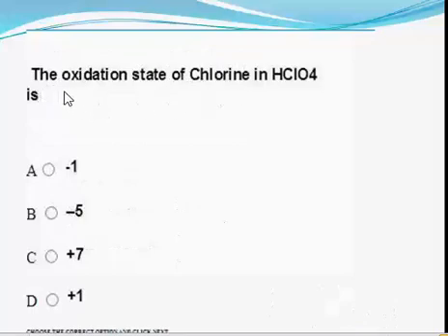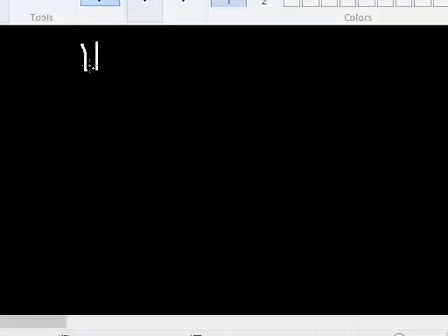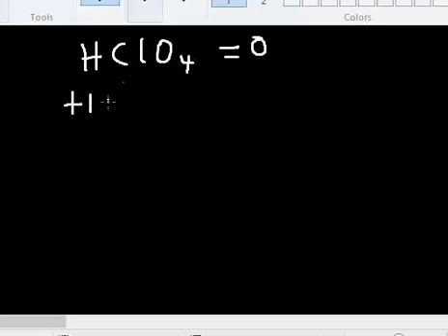Let's solve this. The oxidation state of chlorine in HClO4 is, okay, it's simple, very simple. HClO4 is a compound, right? So +1, they are looking for the one of chlorine, right? Plus Cl.